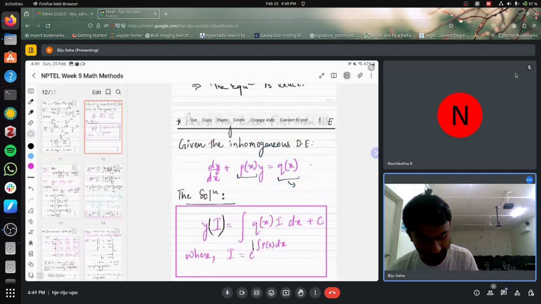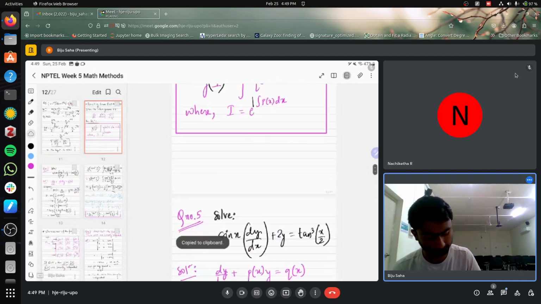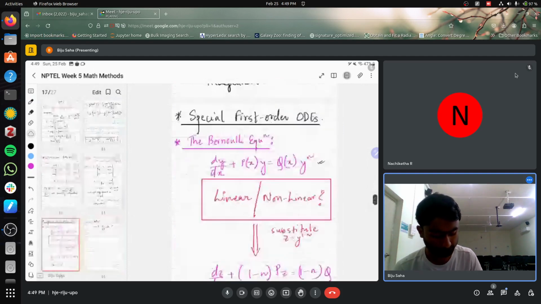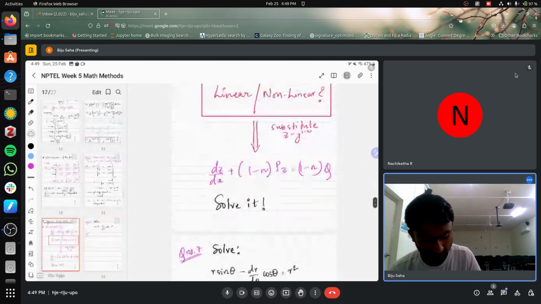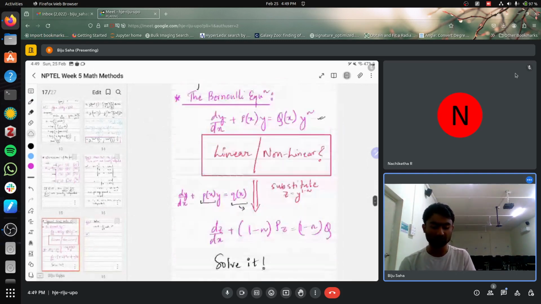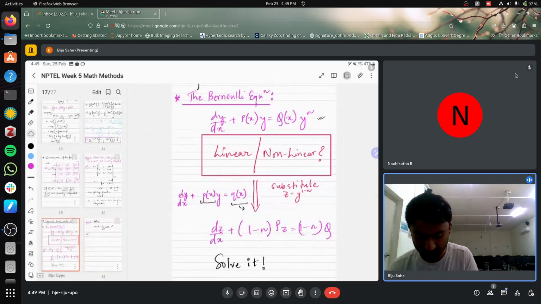Later I will delete. Like I already mentioned, this was my linear first order differential equation, because b is a function of x alone, and a0 and a1 both are either constants or functions of x.